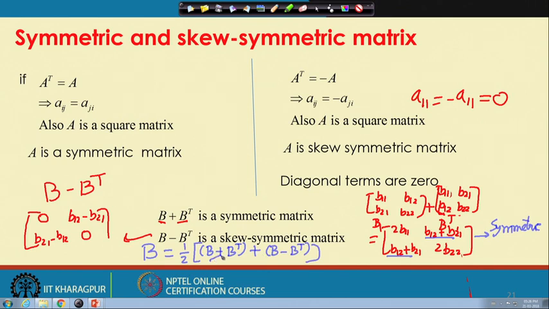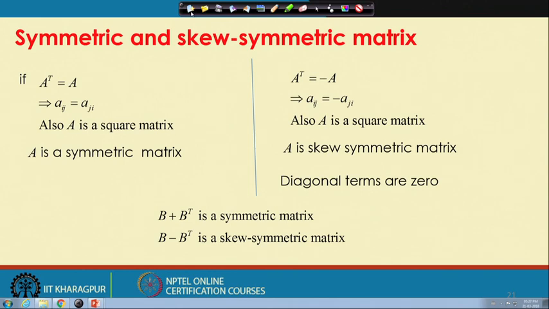So, this is a symmetric part and this is a skew symmetric part. So, each square matrix can be decomposed into a symmetric matrix and a skew symmetric matrix.